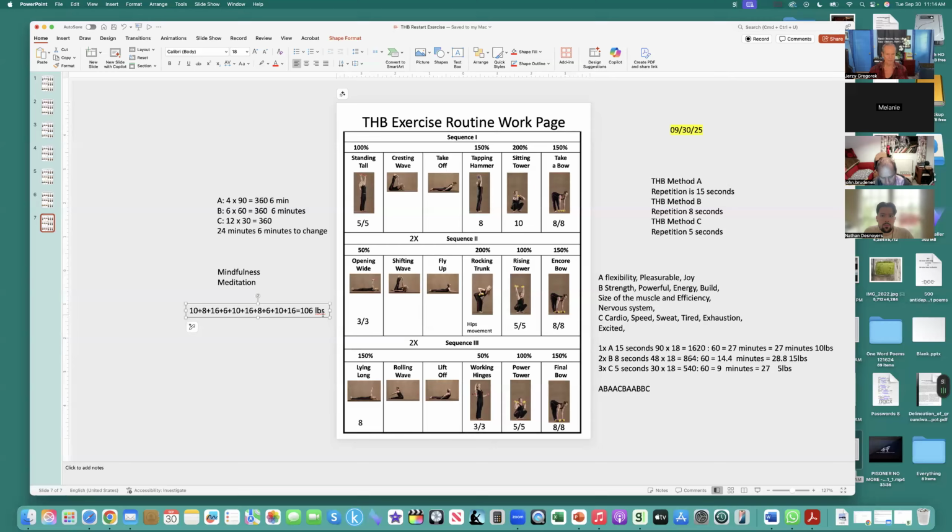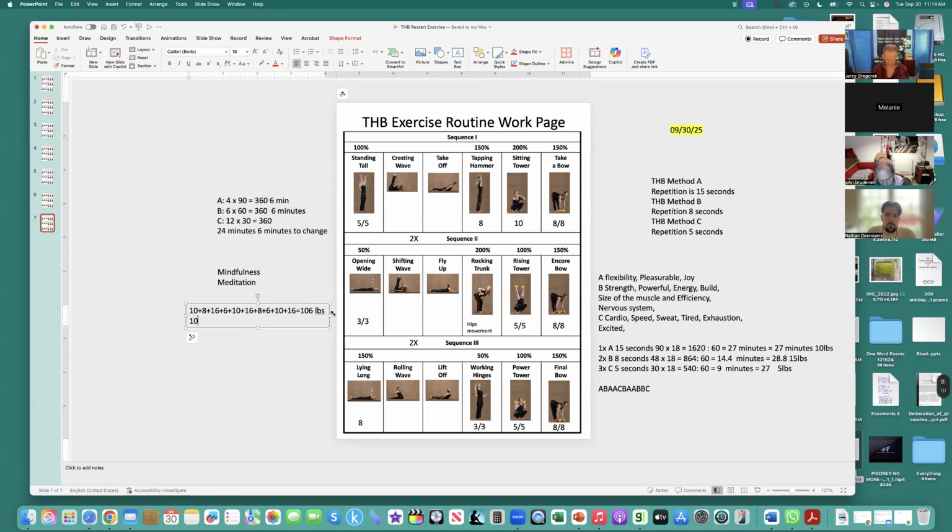And now, of course, we need to take this 106 multiplied by 6.